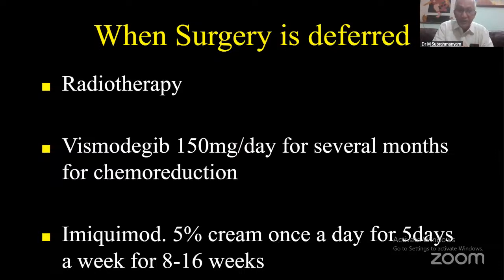In those conditions, you have to think of alternatives like radiotherapy, Vismodegib, 150 mg per day for several months for chemoreduction, or imiquimod 5% cream, once a day for 5 days a week for 6 to 8 weeks. To be honest with you, I don't have personal experience with Vismodegib or imiquimod.